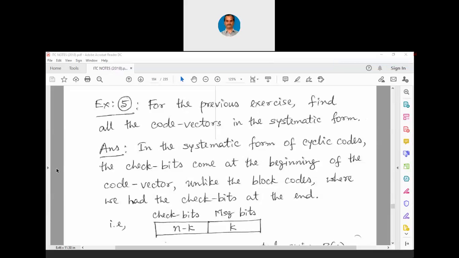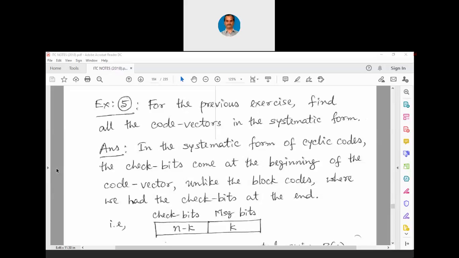But that particular method resulted in the non-systematic code vectors, which means the check bits were not distinguishable in the code vector, nor were the data bits. Later on, we moved on to the systematic form.